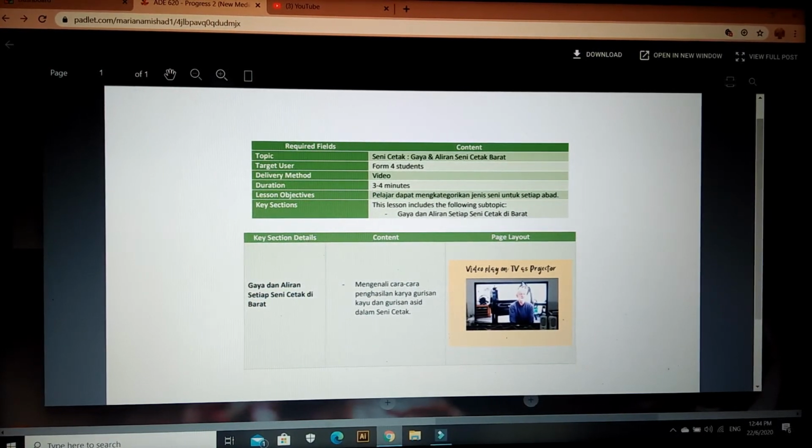Here we can see the content is mengenali cara-cara penghasilan karya gurisan kayu dan gurisan asid dalam seni cetak. I will teach the students about acid etching and wood carving, or we can say relief print-making, since the West before the 21st century used only those techniques.